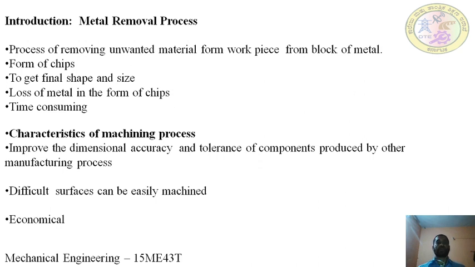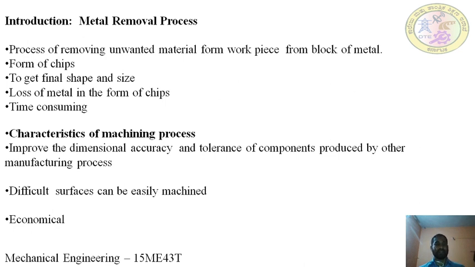So the metal removal process does all these machining operations for the components produced from the other manufacturing processes. So what is the metal removal process? The process of removing unwanted metal from the workpiece, from the block of metal, in order to give the required shape and size. For example, a shaft manufactured from the casting process requires dimensioning.